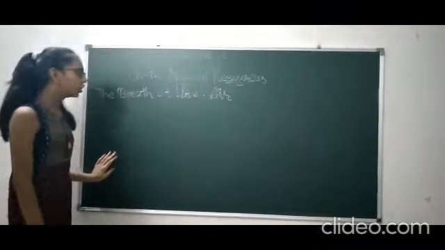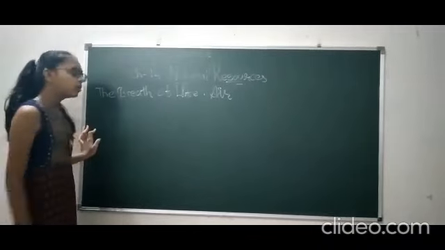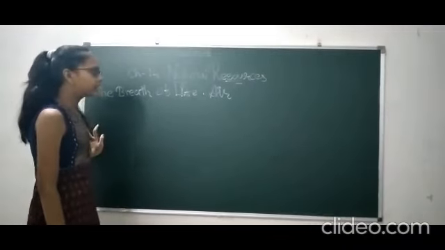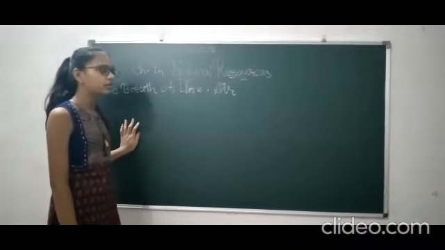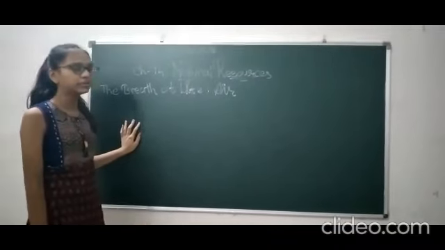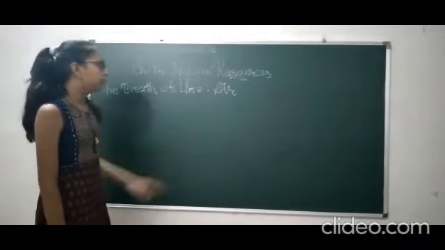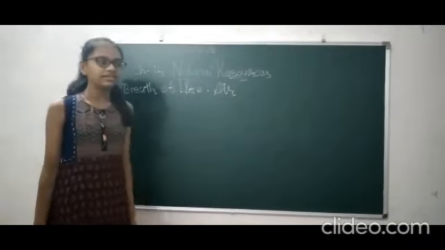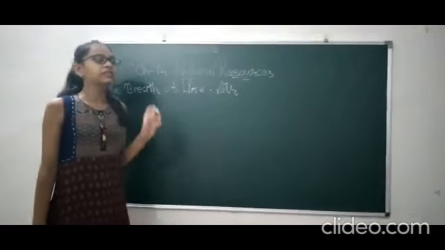Now we will talk about the breath of life, that is air. I have already told that air consists of many gases like nitrogen, carbon dioxide, oxygen, water vapor and many things, dust particles also. Now it is interesting to know that Earth is the only planet where life is possible.